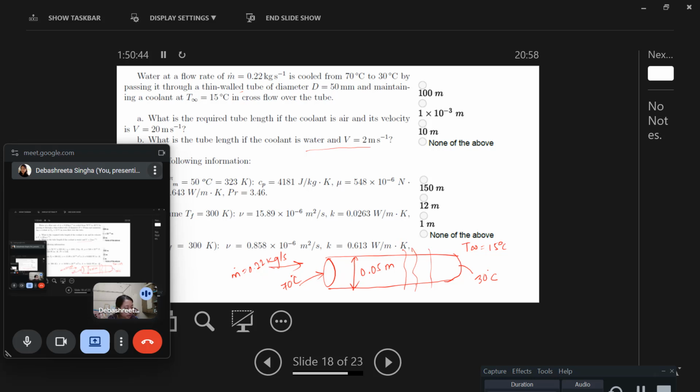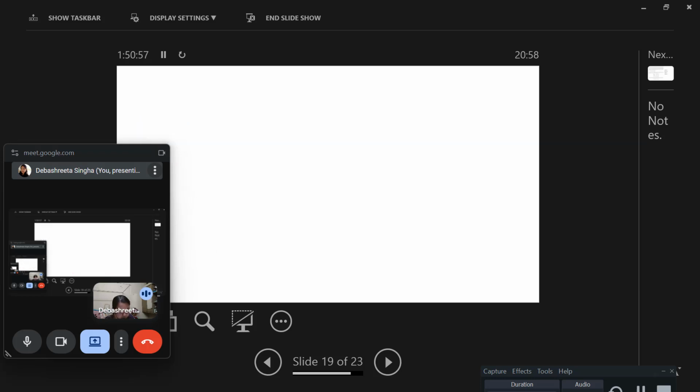So first we calculate the Reynolds number. We have to separately calculate for the inside fluid and outside fluid. First, the Reynolds number inside the tube, for the inside fluid, we calculate as Re_D = 4 m dot divided by pi D mu.